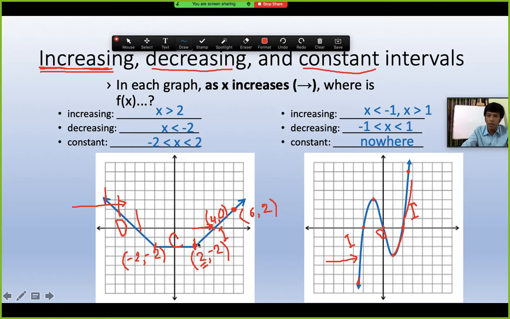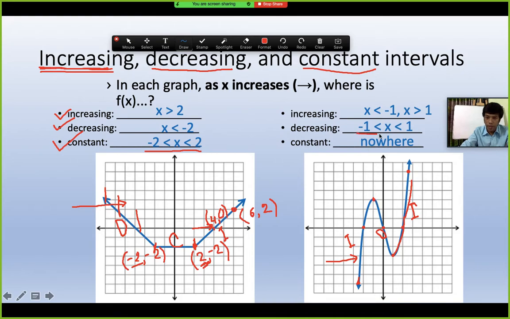This is actually not a mistake, but for increasing, decreasing, and constant, we write only the x value of the point. From the x value minus 2 to plus 2, the graph is constant. We only write the x value of the point.